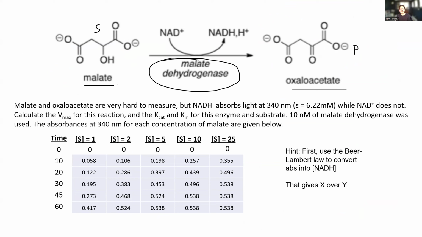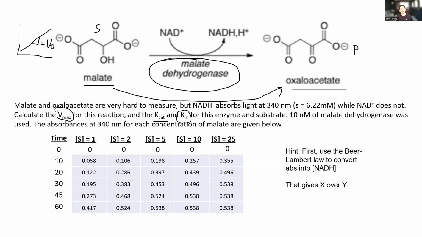And we want to measure the rate at which we turn this substrate into product, so the rate at which the product builds up, and the velocity. And then from that, we can work out the Vmax and the Km, and also later on the Kcat. Of course, once we have the initial velocity, we can use that to work out the Vmax and the Km.